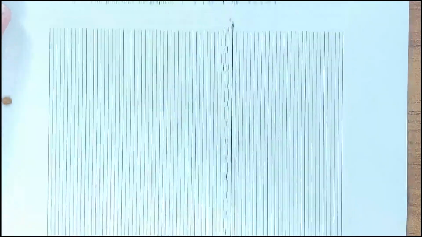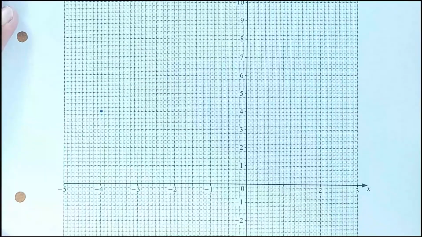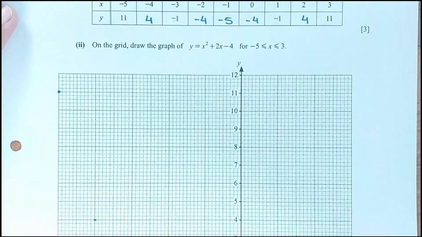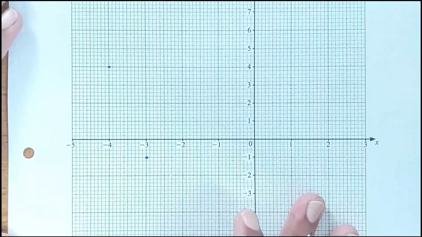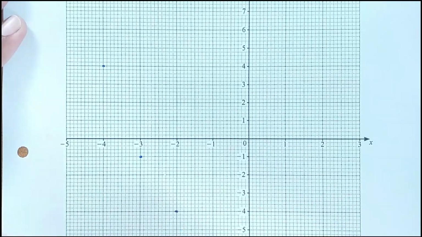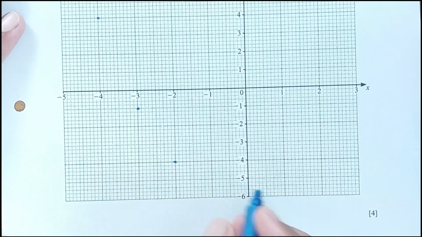For -3 it's -1, downward. The next point is at -2, it's -4, downward. At -1 it's -5, again downward.